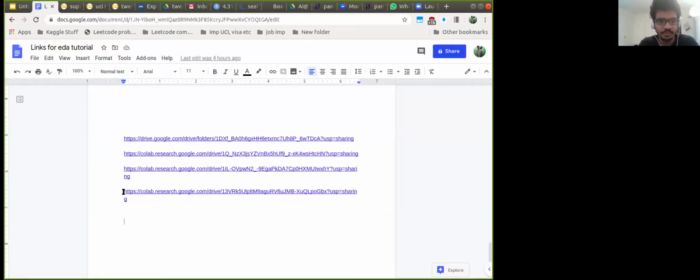So this drive link, what I want you guys to do is go to the EDA folder and add it to your drive. There'll be a shortcut that says add it to my drive.